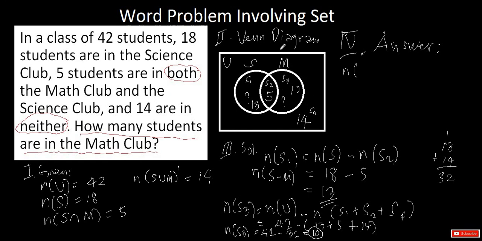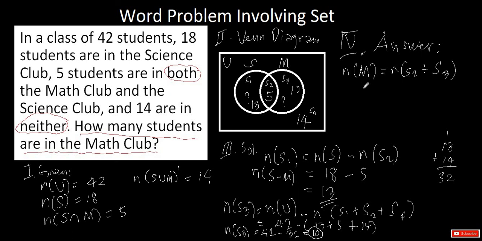So to compute for the cardinality of the set of students who join the math club, we need to add the cardinality of S sub 2 plus the cardinality of S sub 3.